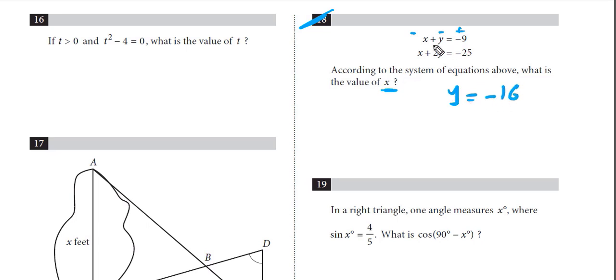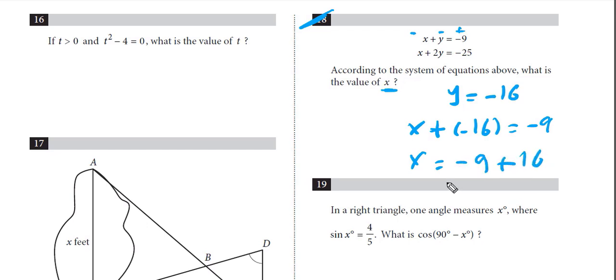Now we have the value of y, so x plus negative 16 is equal to negative 9, then x is equal to negative 9 plus 16, which is 7. Then x is equal to 7.